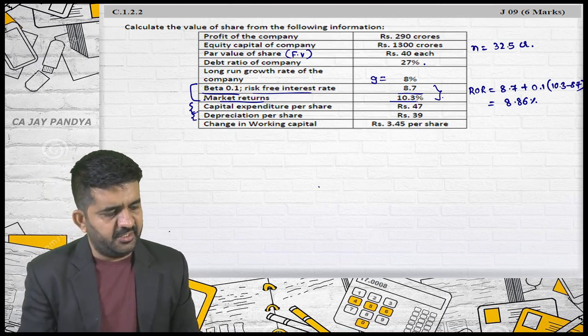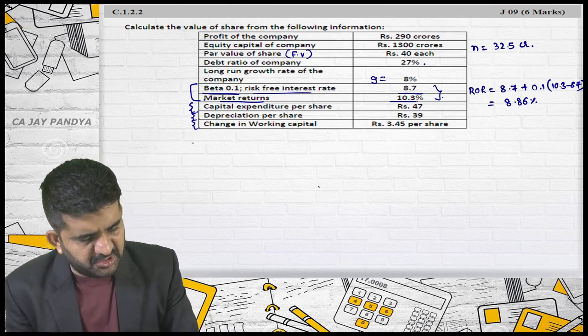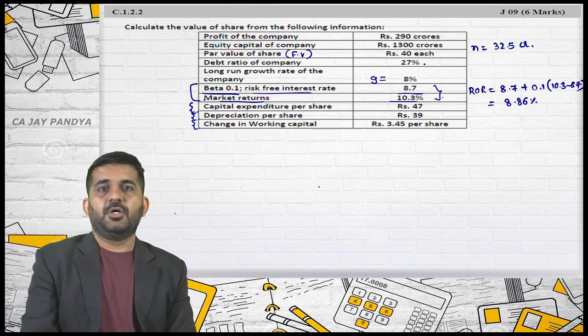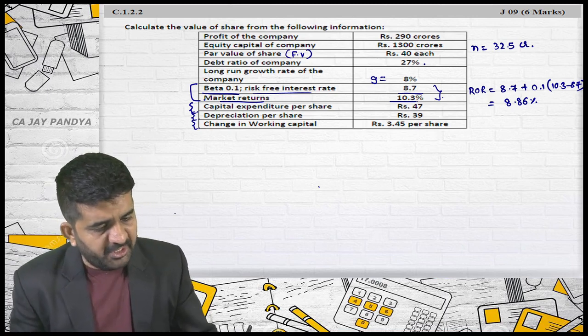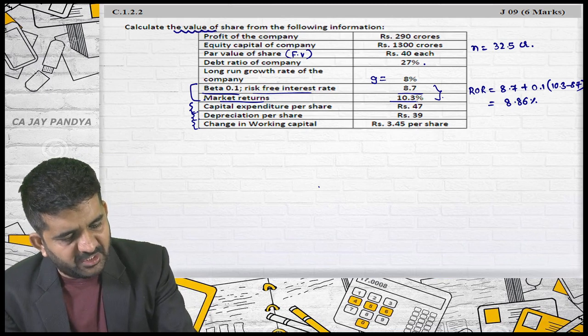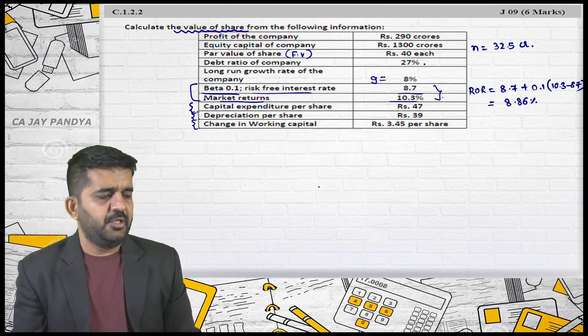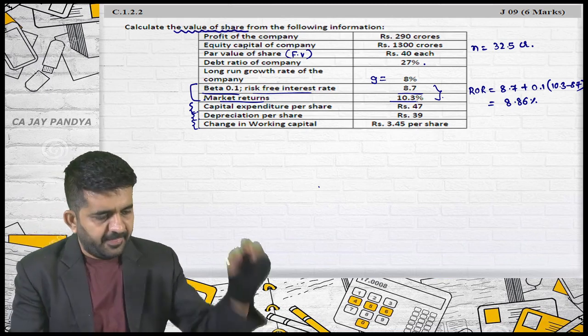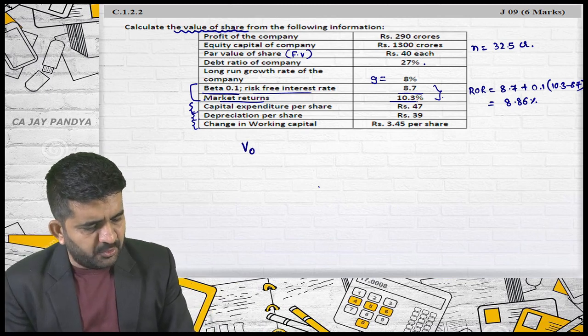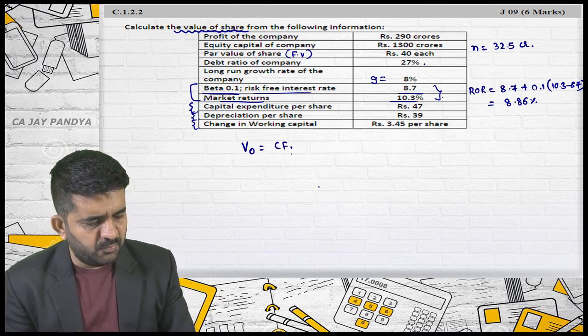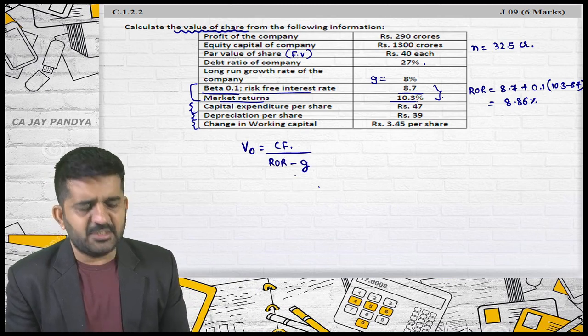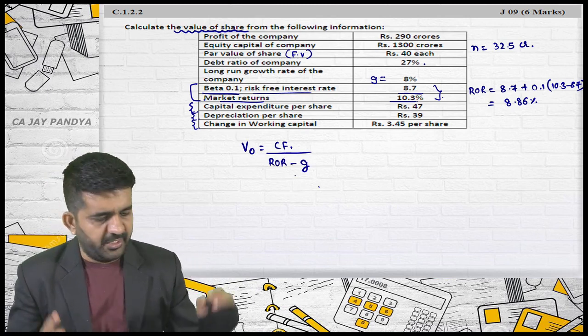Depreciation per share is given and changes in working capital is given per share. What we need to find out? Calculate value per share. Can I find out value per share by this formula? Cash flow of first year divided by rate of return minus G. Yes, I can do it.